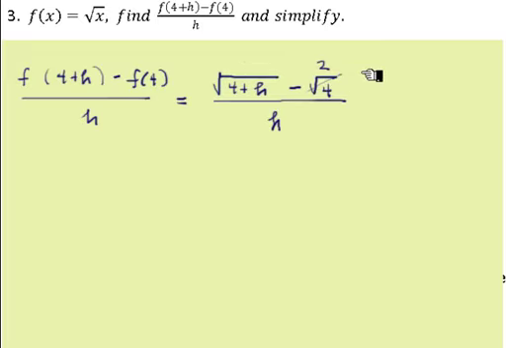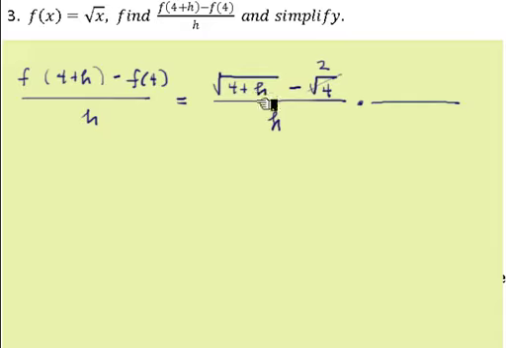Now, we don't see how we can pull out an h from this numerator, but very often when we have a fraction that involves radicals, where we have two terms in the numerator like this, we simplify by multiplying top and bottom by the conjugate of the radical expression.